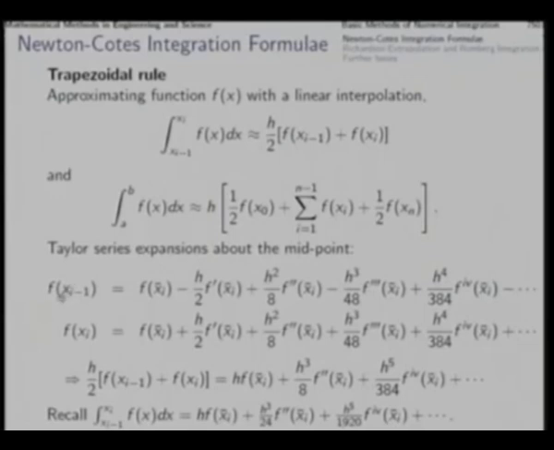You note that x_{i-1} is midpoint minus h by 2, so you get a minus sign in the odd terms, and x_i is midpoint plus h by 2, so you get all signs plus. Now, if we try to see what we get from this formula, we sum up these two and then multiply that with h by 2.